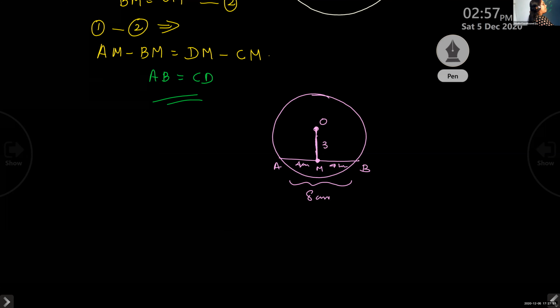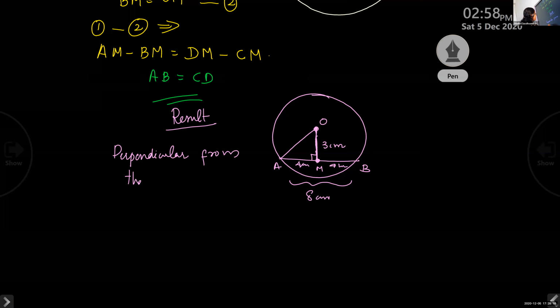And suppose the distance OM is 3 centimeter, can you find the radius OA? 5 centimeter. So that is a right angle triangle. It is a very important question. Since the perpendicular from the center bisects the chord, triangle OAM is a right angled triangle.